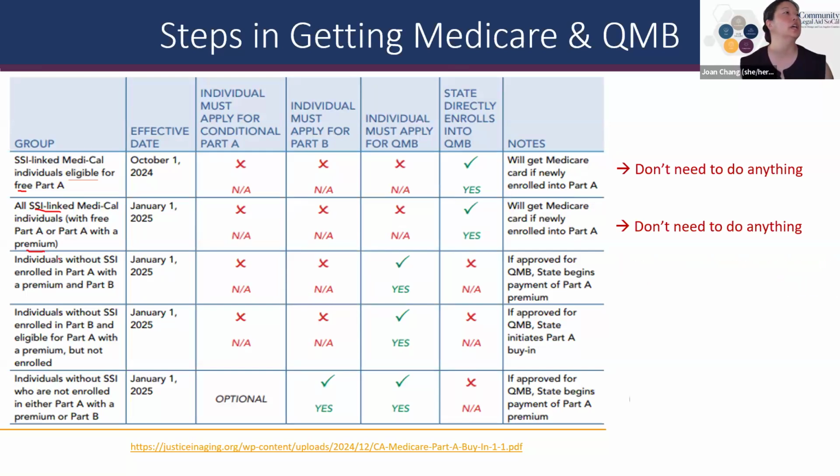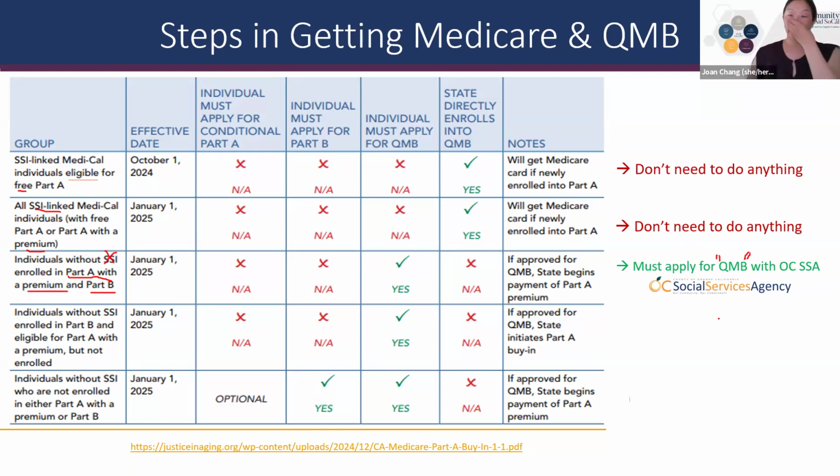Okay, let's talk about this. Individuals who don't have SSI, but who are already enrolled into Part A with a premium and already have Part B. These folks, all you've got to do is go to Orange County Social Services and apply for QMB. Just go into the office and say, hey, I want to apply for QMB.